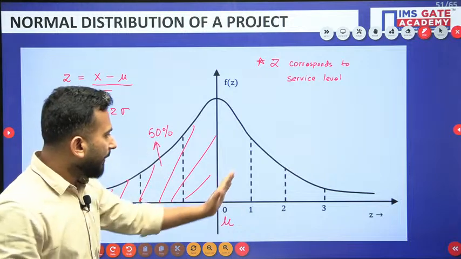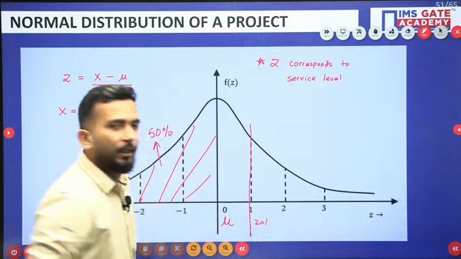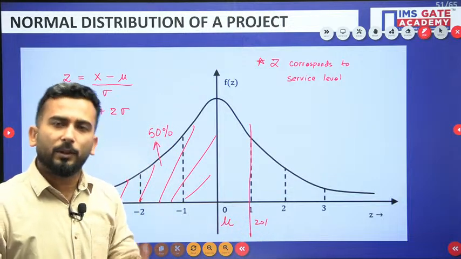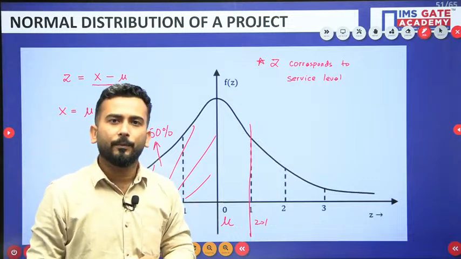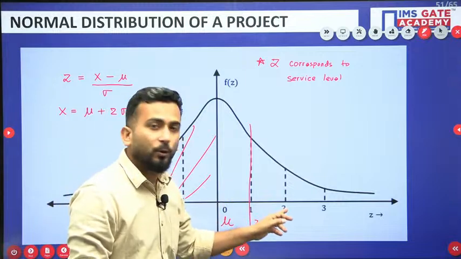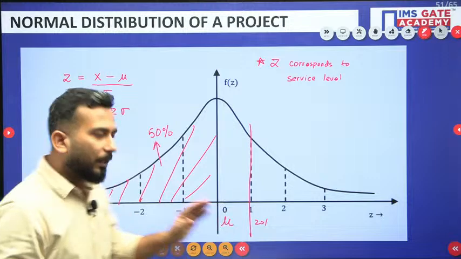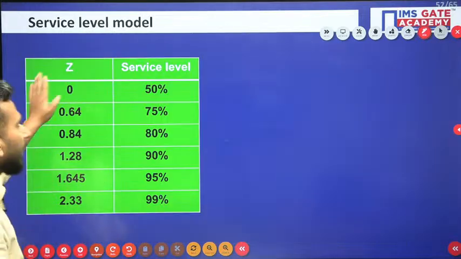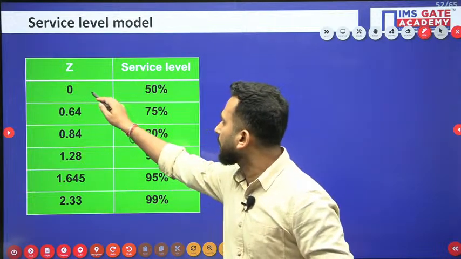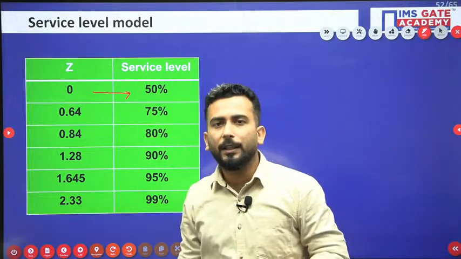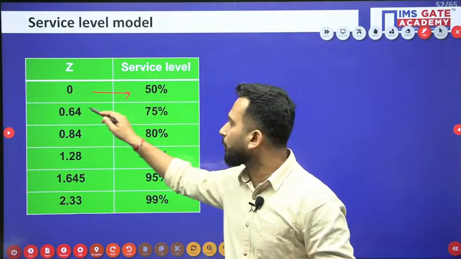So for example, if I am maintaining this much area, for example z equal to 1, then definitely the service level that I am providing is more than 50. So clearly you can see that z equal to 2, more service level, z equal to 3, more service level, and based on this only we have some standard service level values. So z equal to 0 corresponds to 50% service level, z equal to 0.64 corresponds to this much service level.